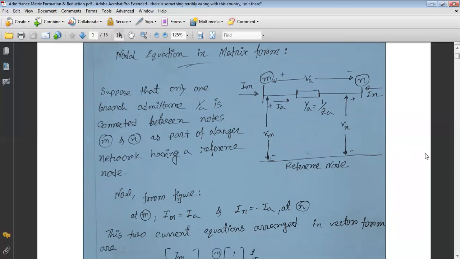This is only one branch, because this impedance ZA is a single series branch, and the voltage difference of this branch is VA.